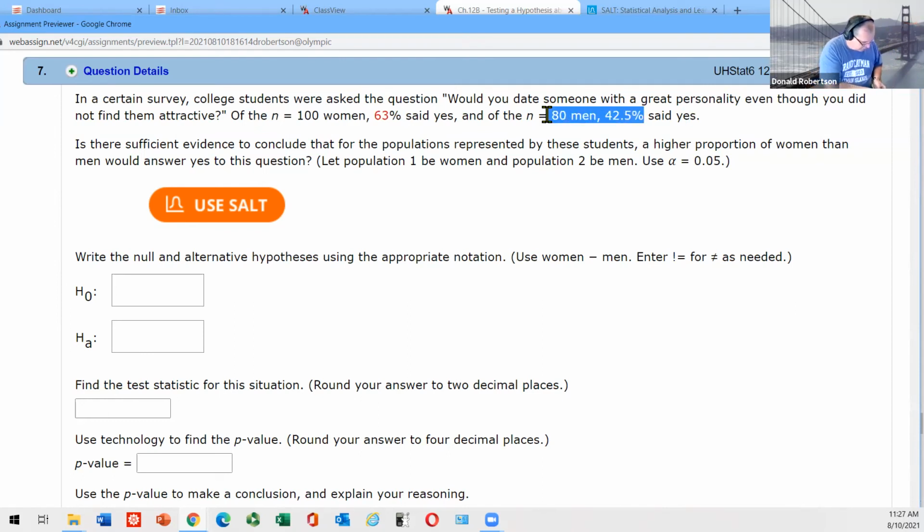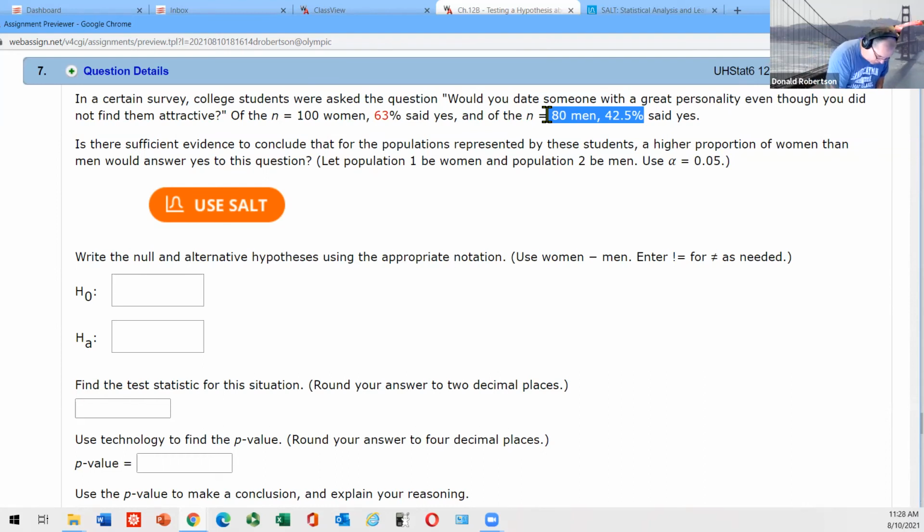I'm not going to do that in my head, but I am going to do it as a calculation. 42.5%, right? And I get 34 men. So 34 men out of 80, okay?